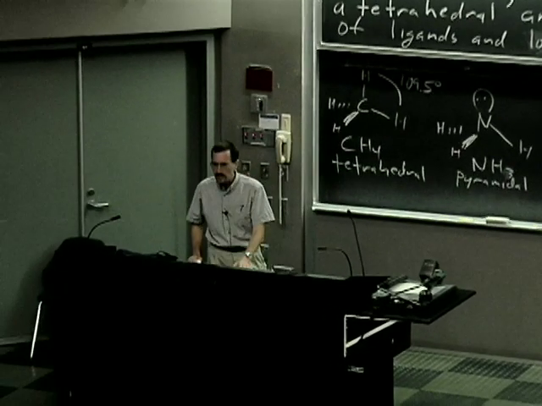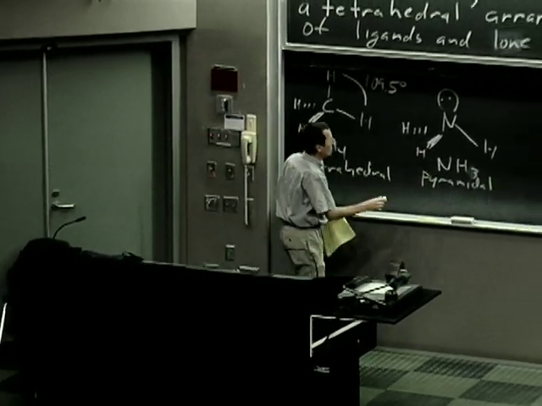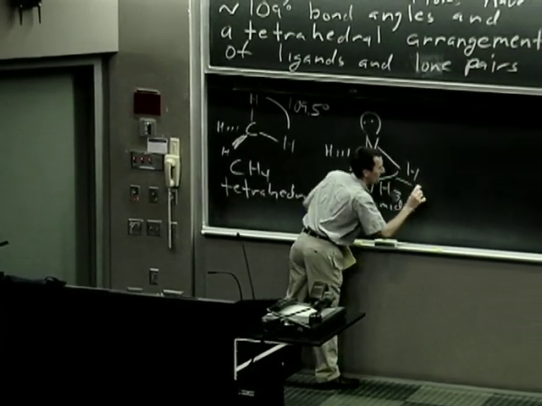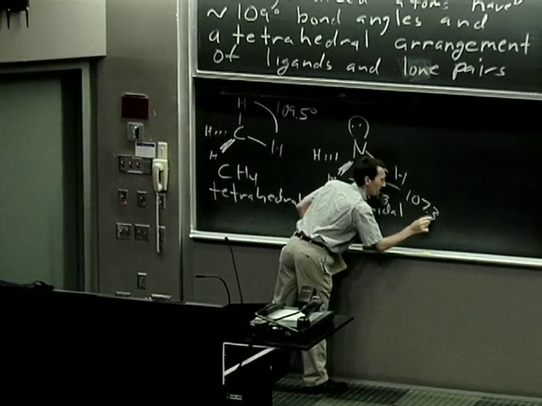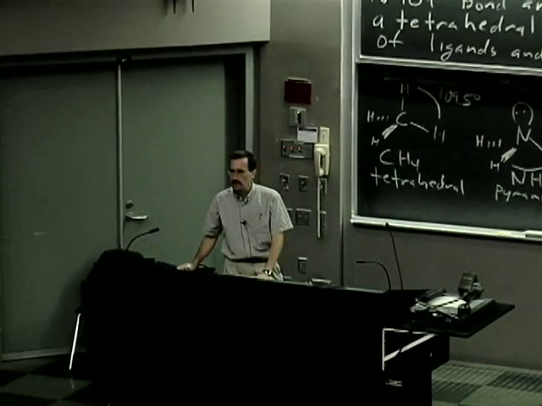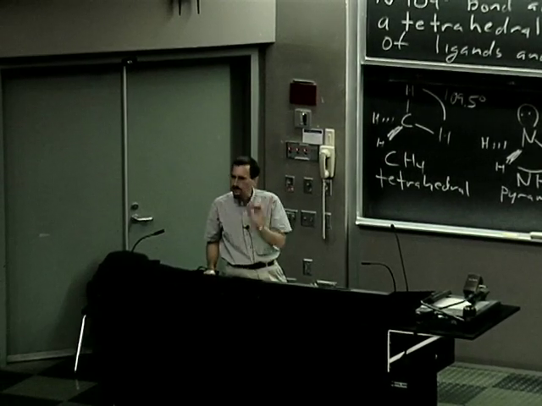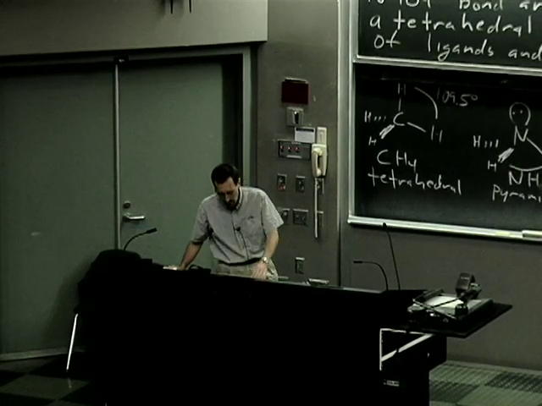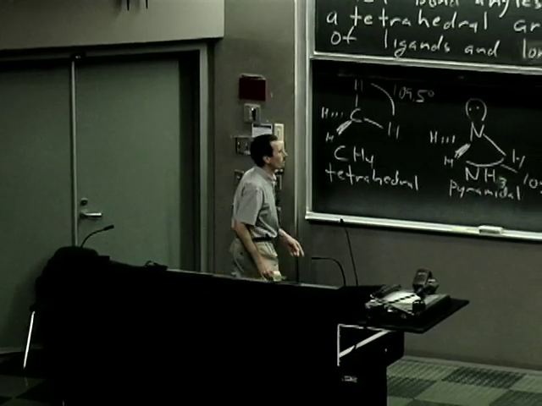And so the hydrogen-nitrogen-hydrogen bond angles are just a little bit under 109 degrees. They're 107.3 degrees. The exact numbers aren't too important in organic chemistry. They'll sometimes make a little bit of a difference, but you can think of it as 109 if you don't want to remember separate numbers.